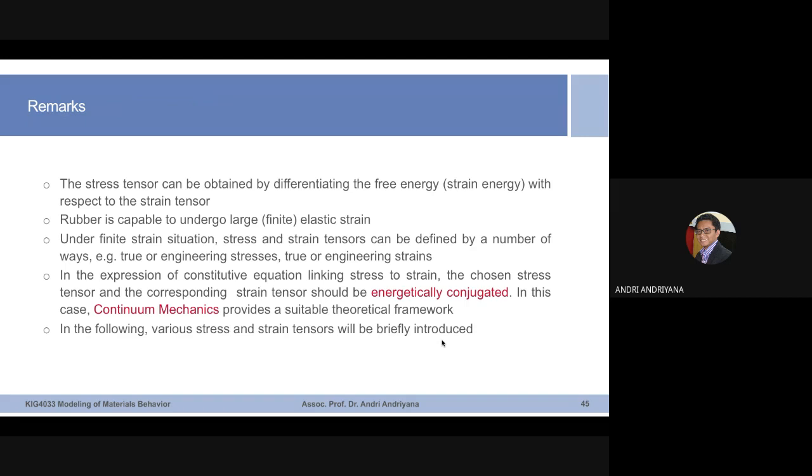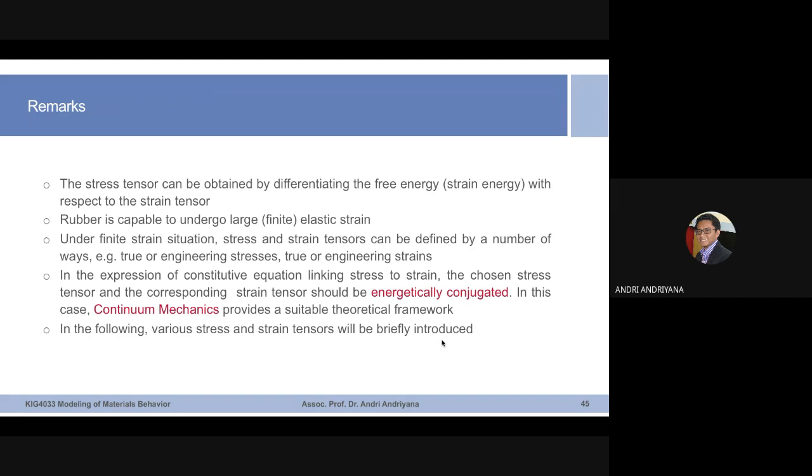Now, from the experimental standpoint, what we observe is that rubber materials are capable of undergoing large elastic strain. As we discussed last week, rubber can be stretched 2, 3, 4 times its initial length, but the deformation still remains elastic.